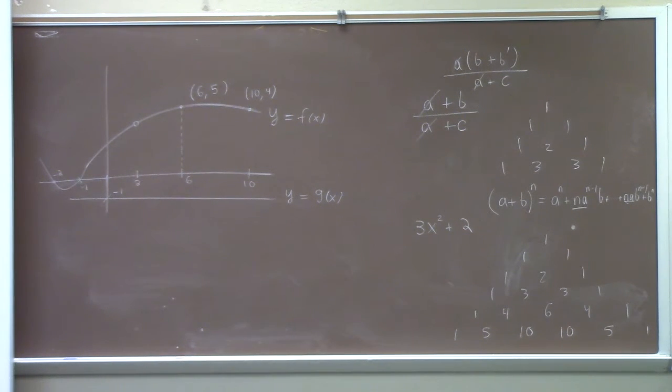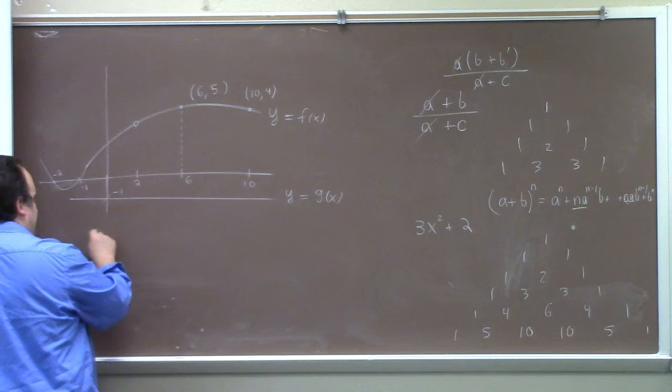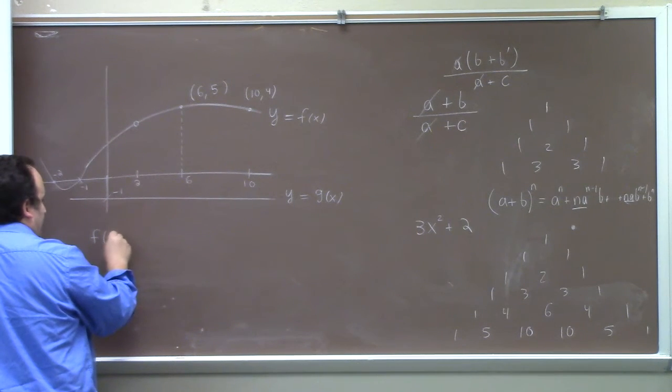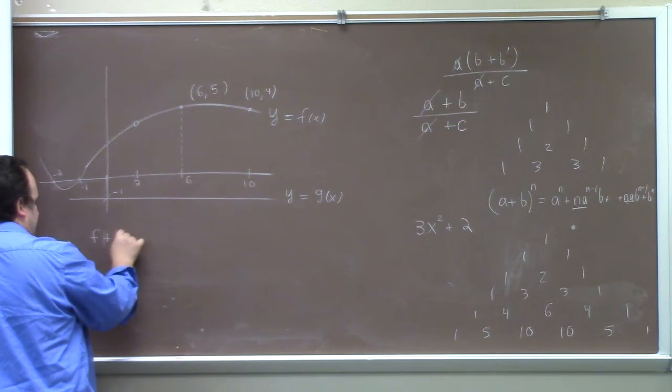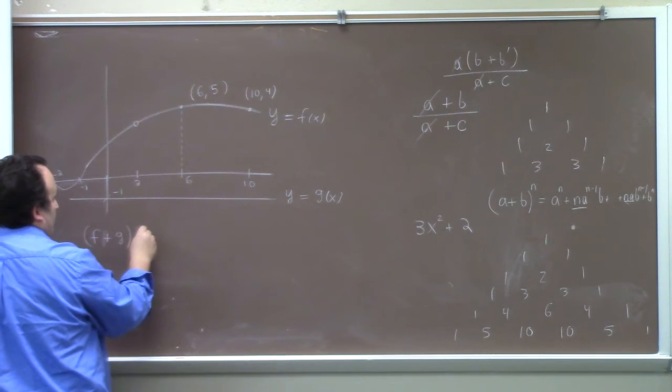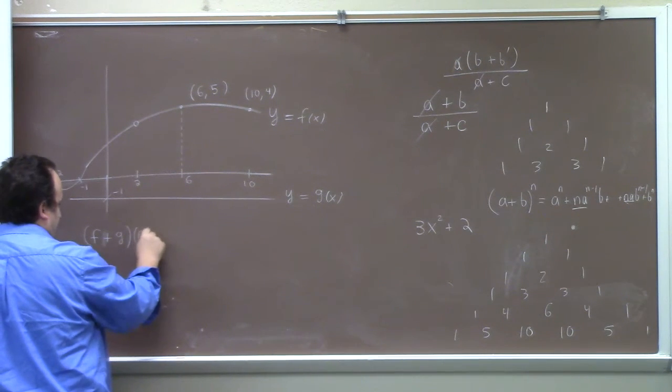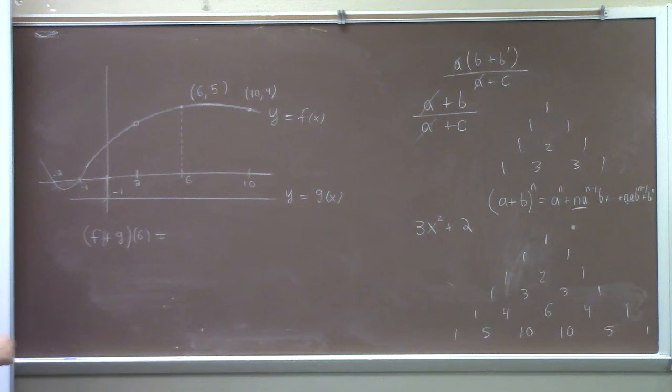Here's an example. We can calculate the value of, well, let's do something simple. What would f plus g of 6 be equal to? Well, I'll do the easy step.